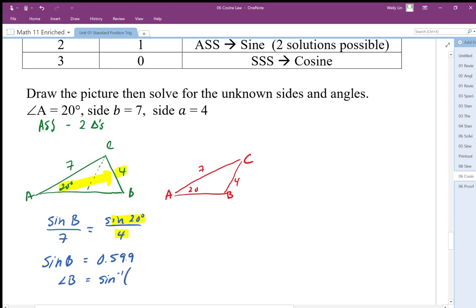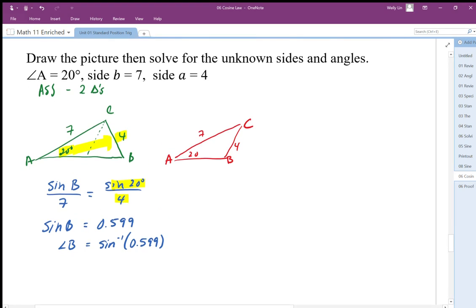I need to undo this sine. I never signed the ratio. The only thing I can do to a ratio is arc sine the ratio. So I'm going to arc sine that, and for angle B, I end up with 36.77 degrees. And clearly that looks about right, 36.77 degrees.